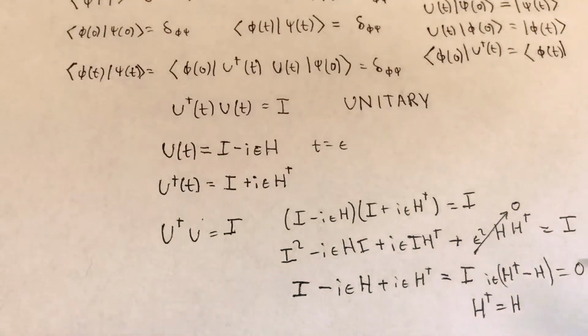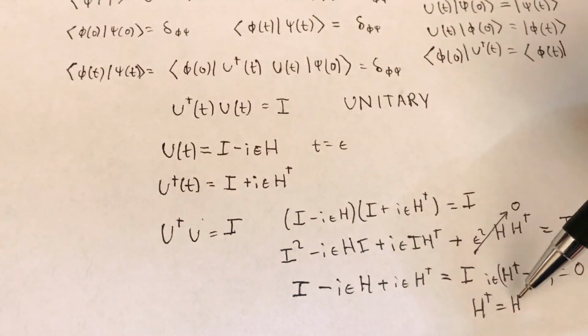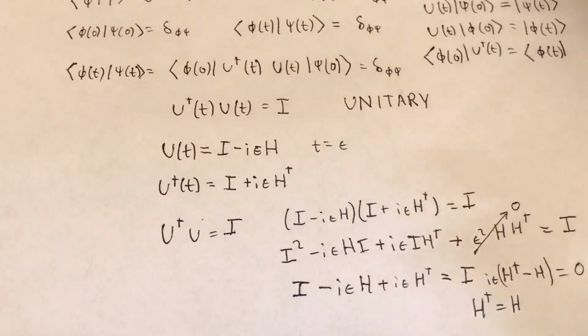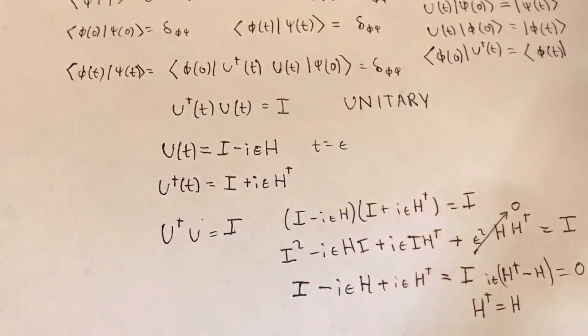Because of this, we know that H must be an observable quantity. Observable quantities are always represented in quantum mechanics by Hermitian operators. In other words, the Hermitian conjugate is equal to their original form. So, let's take a look at what this means for unitary evolution.